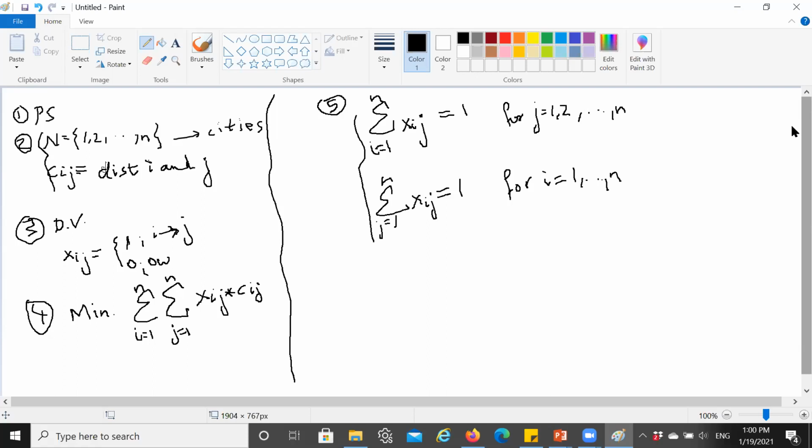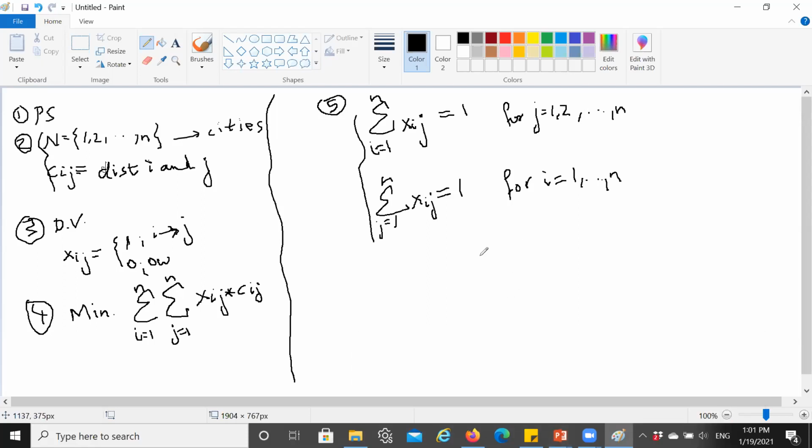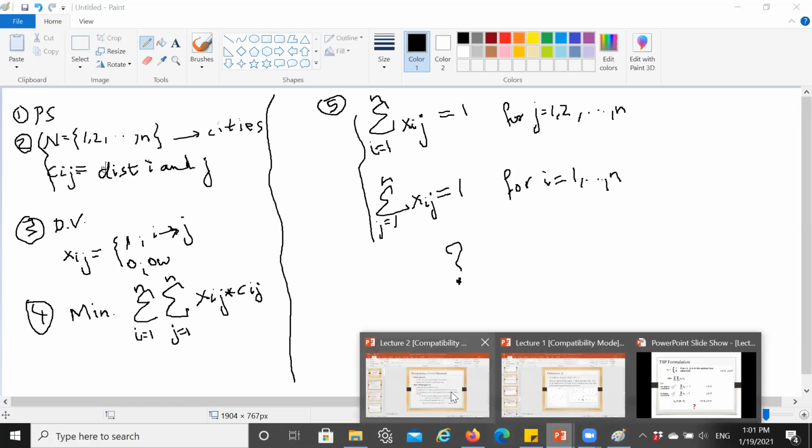For every city that we enter, we should also leave it; we cannot stay in that city. I'll tell you why this is important. But there is a problem with this: not with the constraint itself, but we need to add another constraint to guarantee that it finds the shortest path. There is one constraint missing over here, and I'm going to tell you what it is once I tell you what the problem is with only having these two constraints.